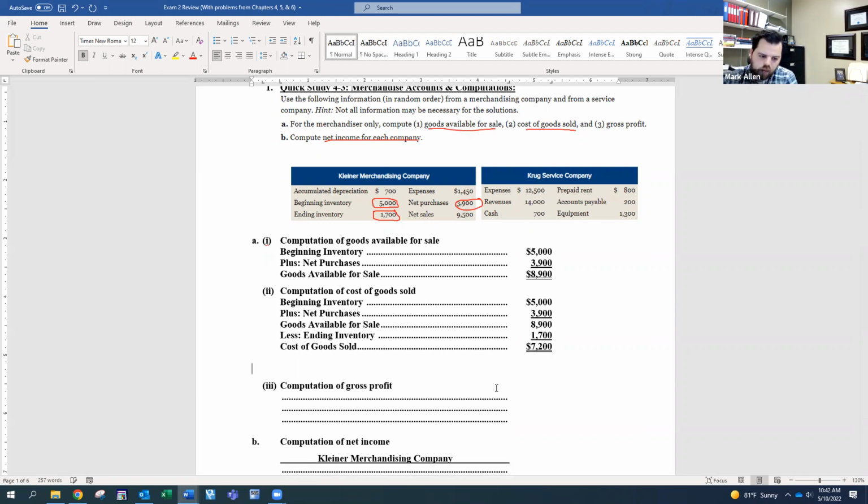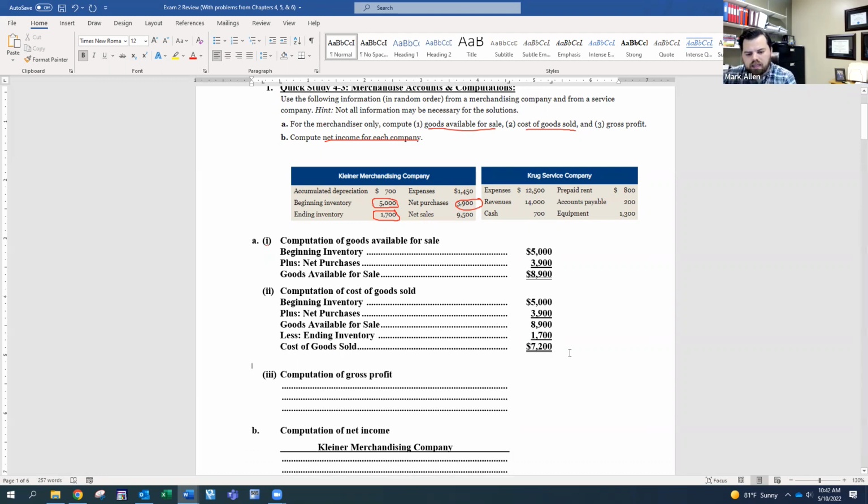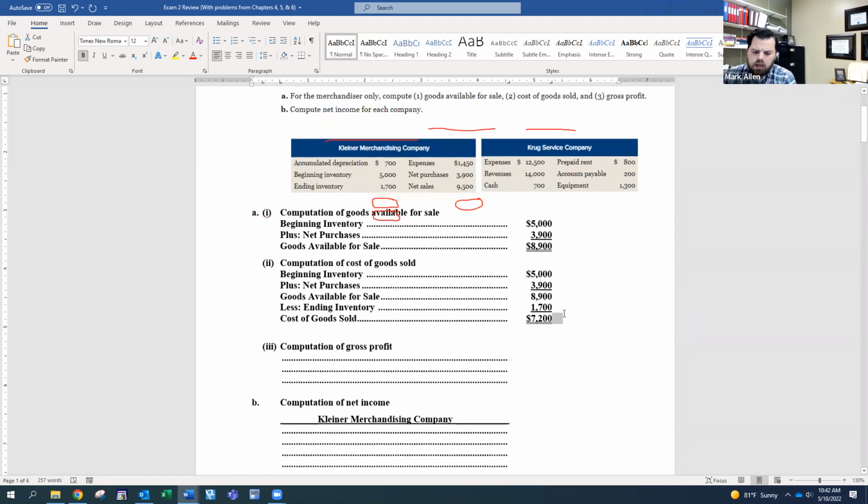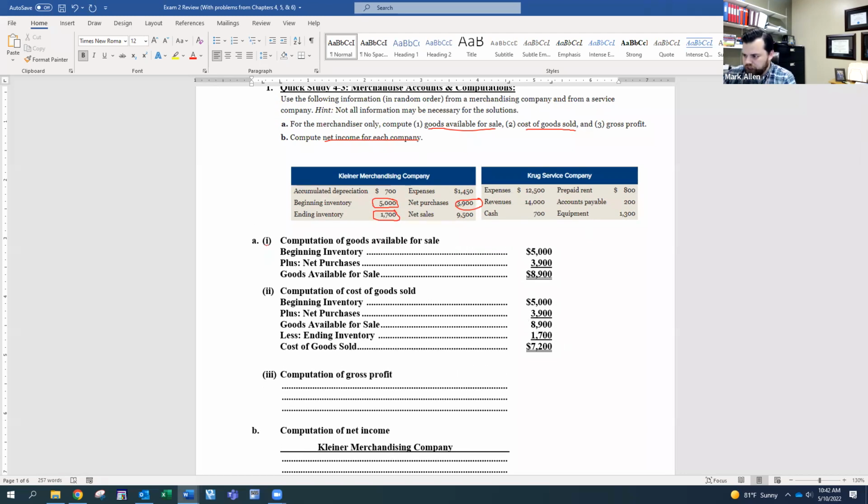Now, I hope the logic here is making sense to you with what we're doing, because you look at this and you say, how much can I sell? Well, I can only sell what I have, and what I have consists of two parts, either the stuff I began with or the stuff I bought during the period. That gets me the goods available for sale. That was our first step.